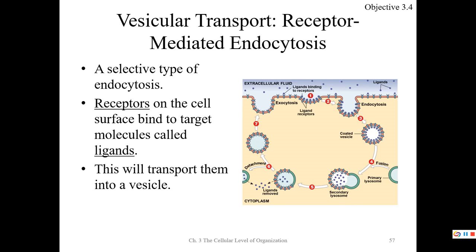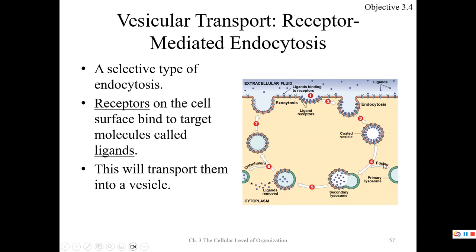Receptor-mediated endocytosis is very selective. We have these receptors that are bound to the outside of the cell. And we have these target molecules called ligands, floating around outside the cell. They bind to these receptors, and when enough of them bind, the membrane folds in and forms an endosome called a coated vesicle.